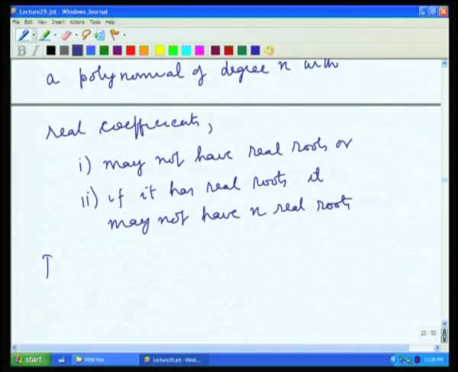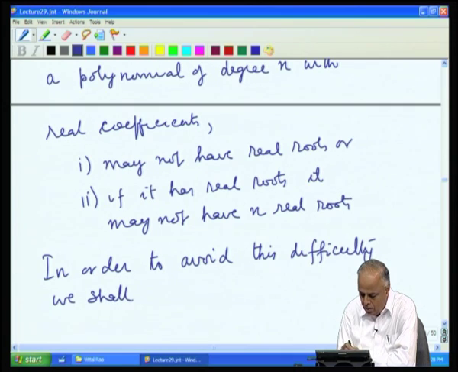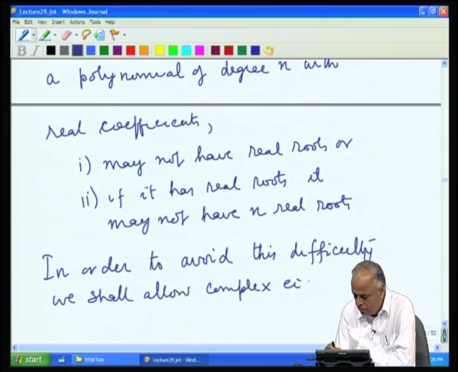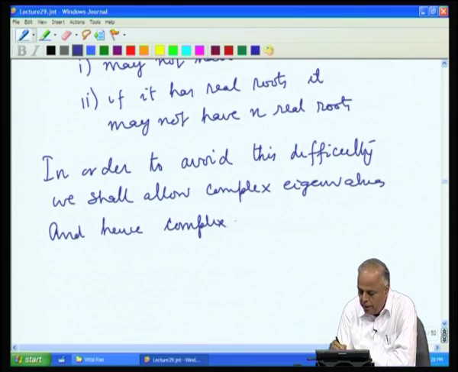Therefore, in order to avoid this difficulty, we shall allow complex eigenvalues, and hence complex eigenvectors if necessary.